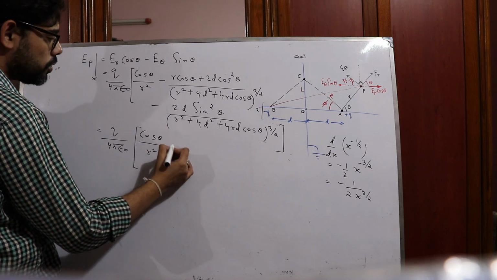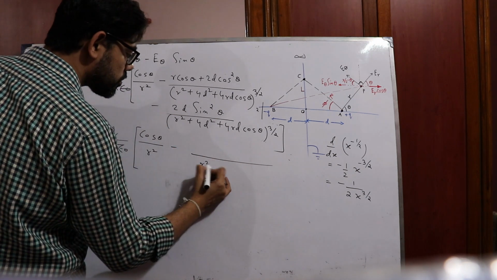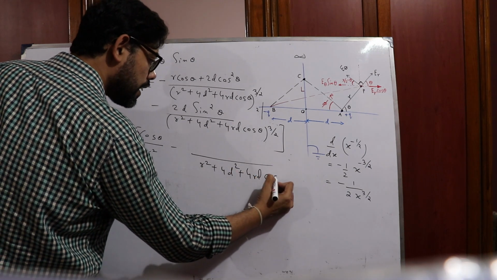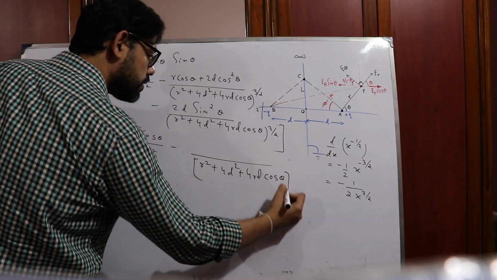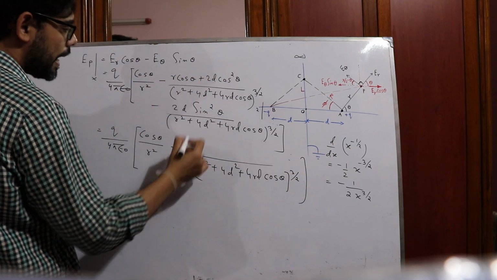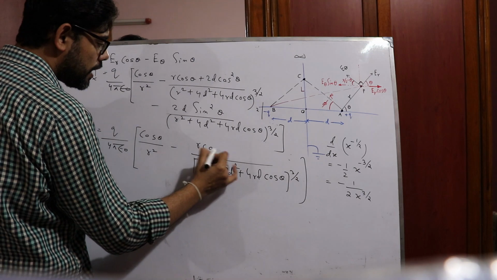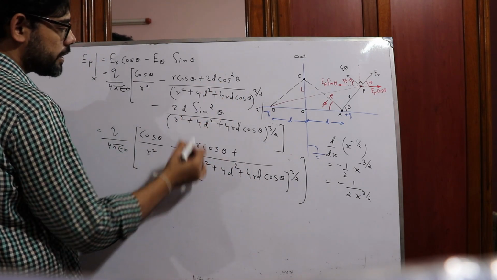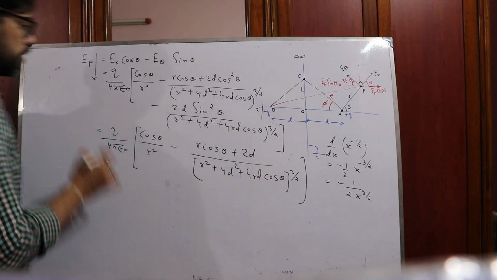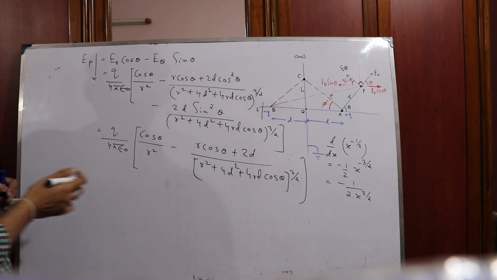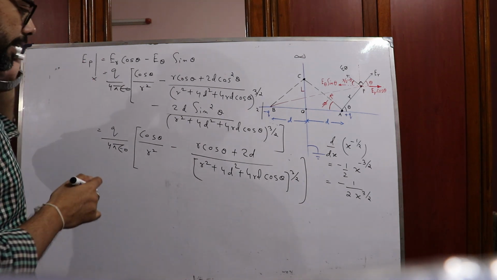If you add these two with minus common, you get (r square plus 4d square plus 4rd cos theta) raised to the power 3 by 2. You take minus common, now you add, so you get r cos theta plus 2d cos square theta plus 2d sin square theta, so you get 2d. So this is your expression for electric field at the point P along the x direction, right?